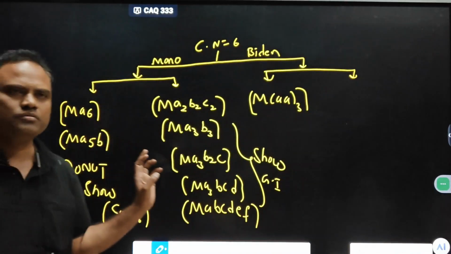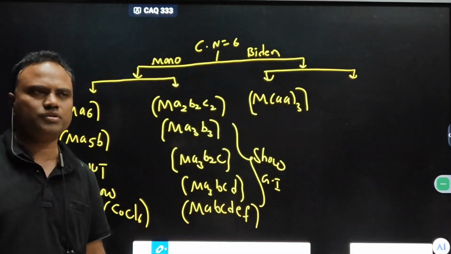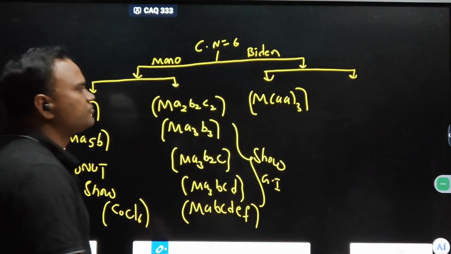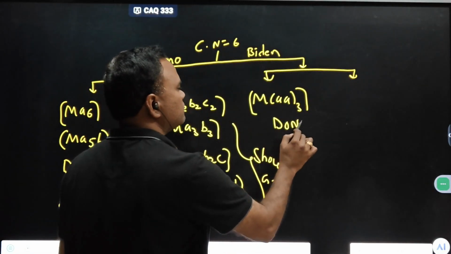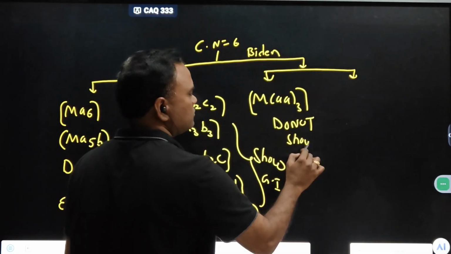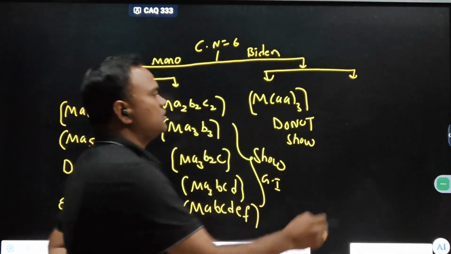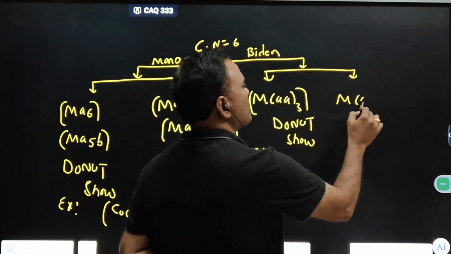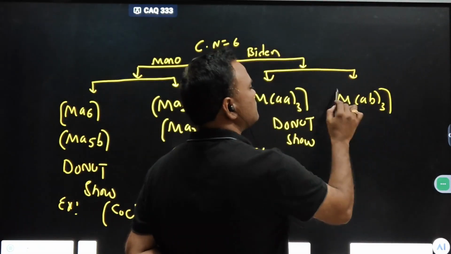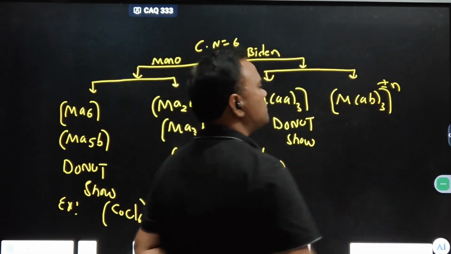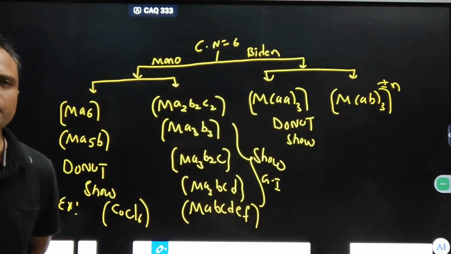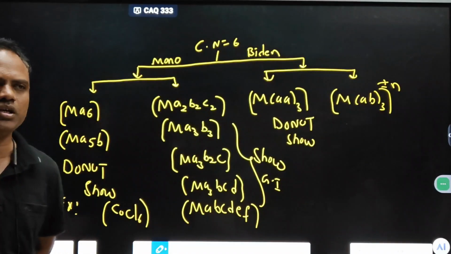Remember this, the rest of the examples show. Do not show: MAA taken thrice do not show. Here MAB taken thrice, with two different donors, bidentate with two different donor atoms.